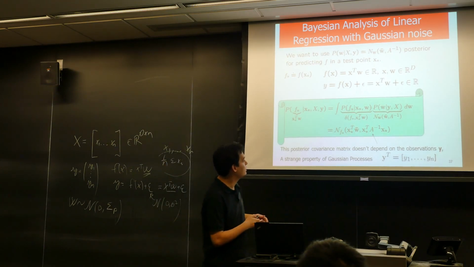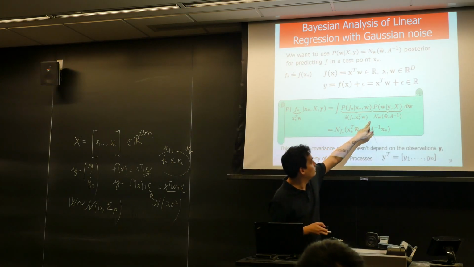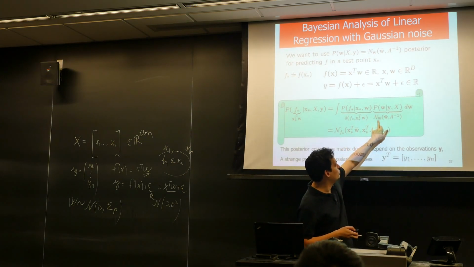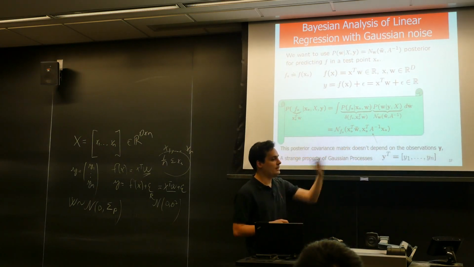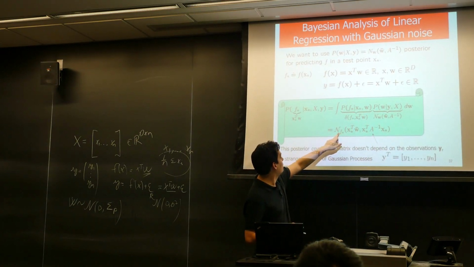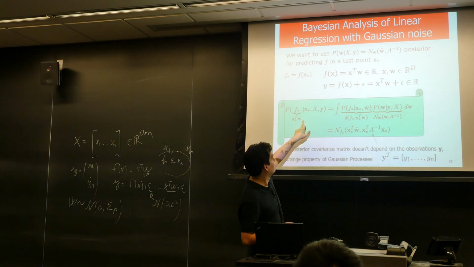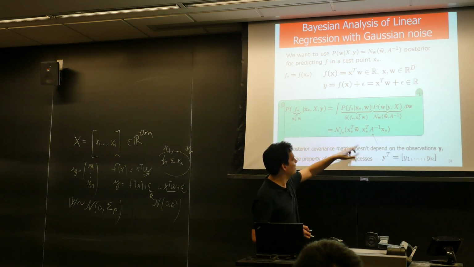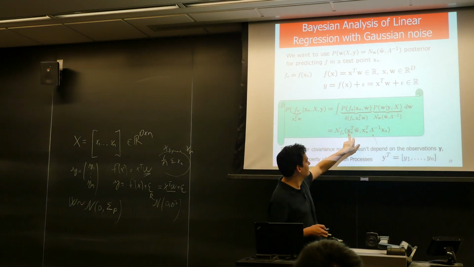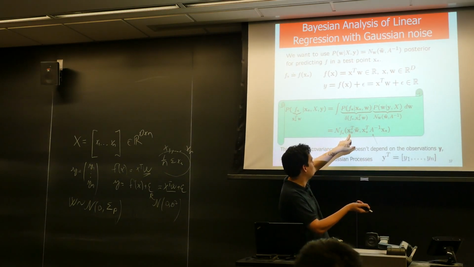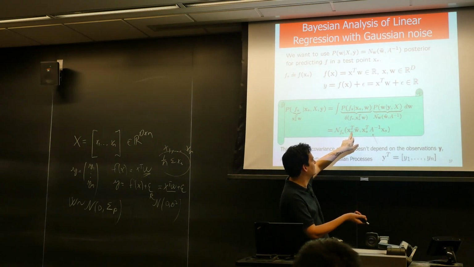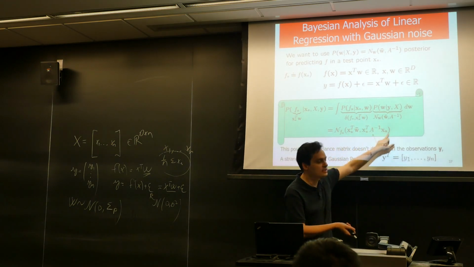So this is what happens here. If the posterior distribution of W had mean W bar and covariance matrix A inverse, then the predictive distribution will be a Gaussian distribution. So I want to predict at the location X star. That will be a Gaussian distribution with mean X star transpose W bar and with this covariance matrix.